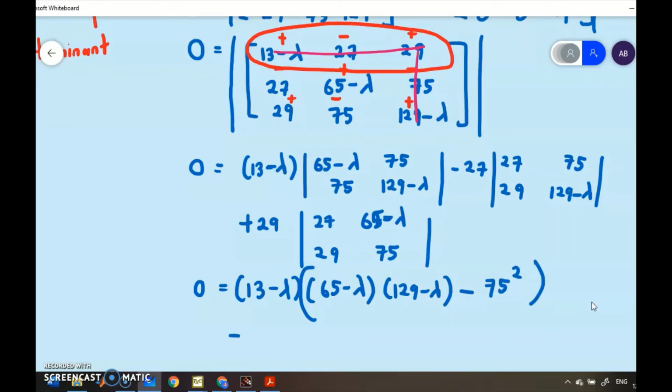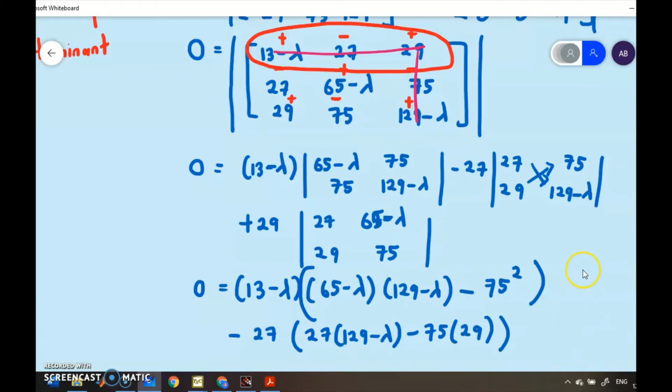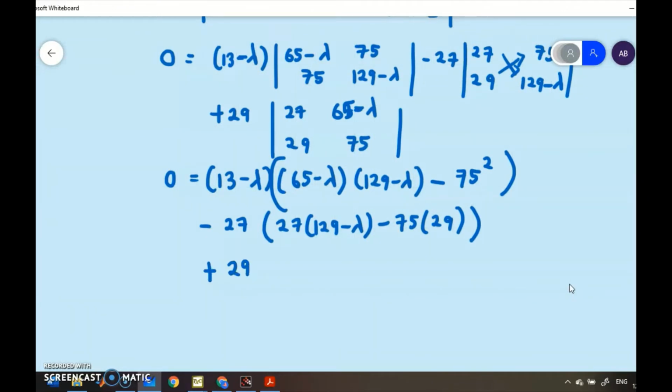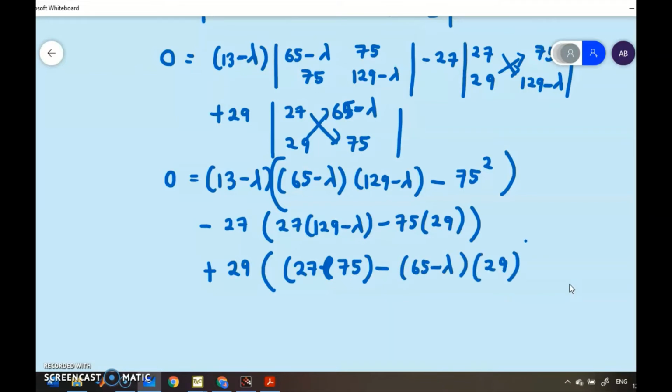Minus 27 times 129 minus lambda minus 75 times 29. Plus 29 times 27 multiplied by 75 minus 65 minus lambda multiplied by 29.